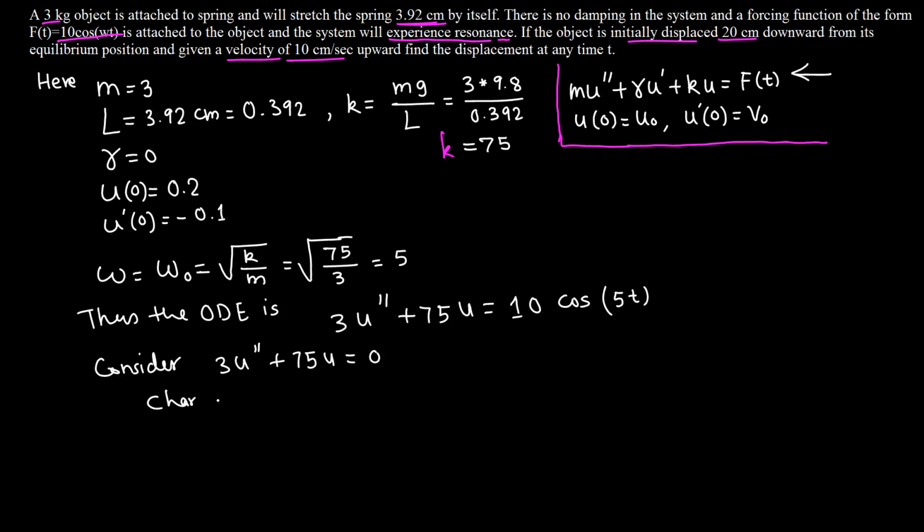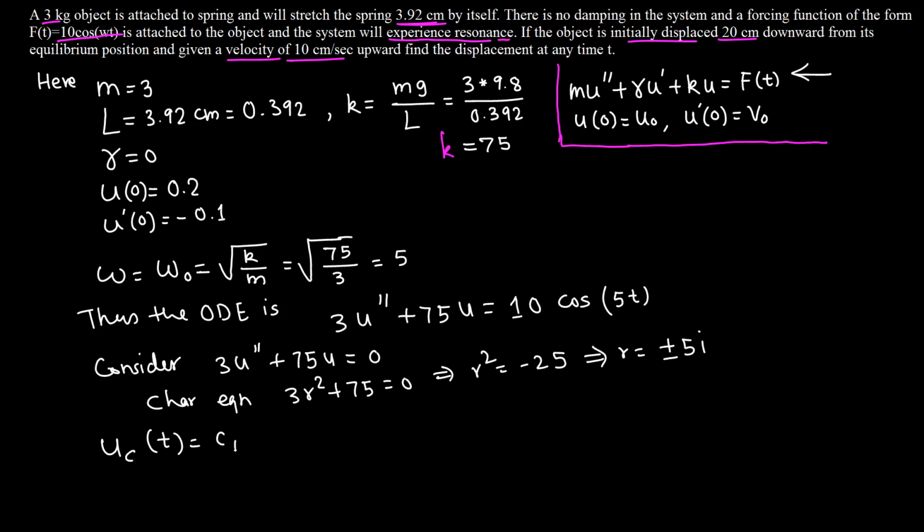To solve this, we find the characteristic equation, and that gives you r squared equals negative 25, or r is plus minus 5i. Based on these imaginary roots, the complementary solution is c1 cosine 5t plus c2 sine 5t.